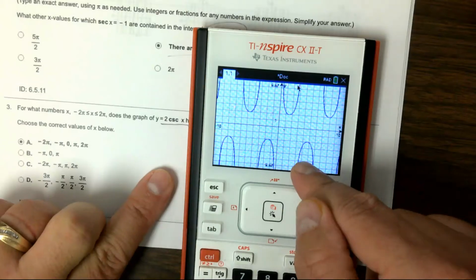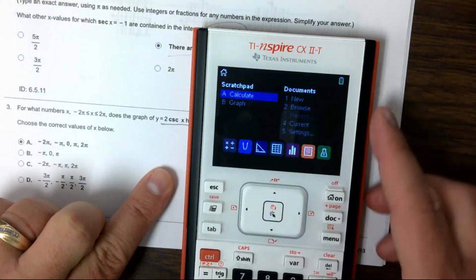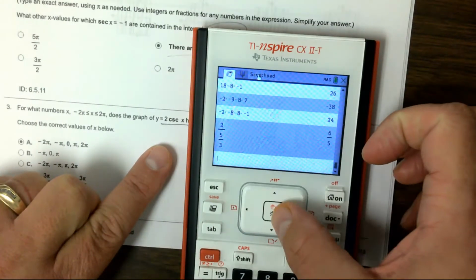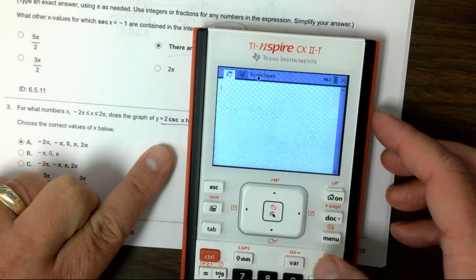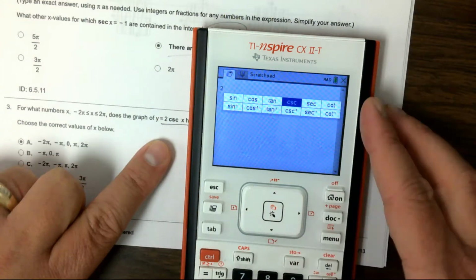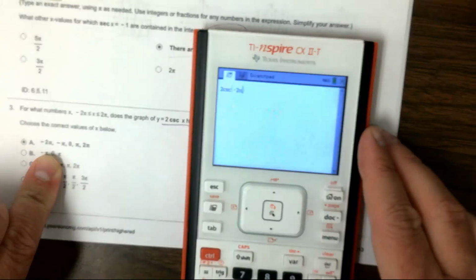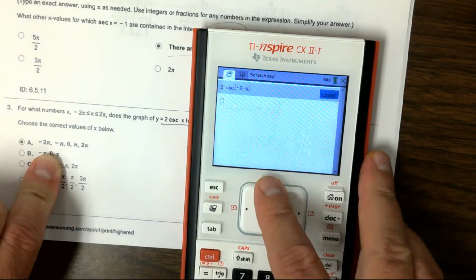Now, I just thought about something besides just using the table. If you wanted to just go to the calculate part, first off, remember you can click Scratchpad, go up 1, and then hit clear. You can do 2 cosecant -2 pi and see what happens. And it says undefined. You can do other values.